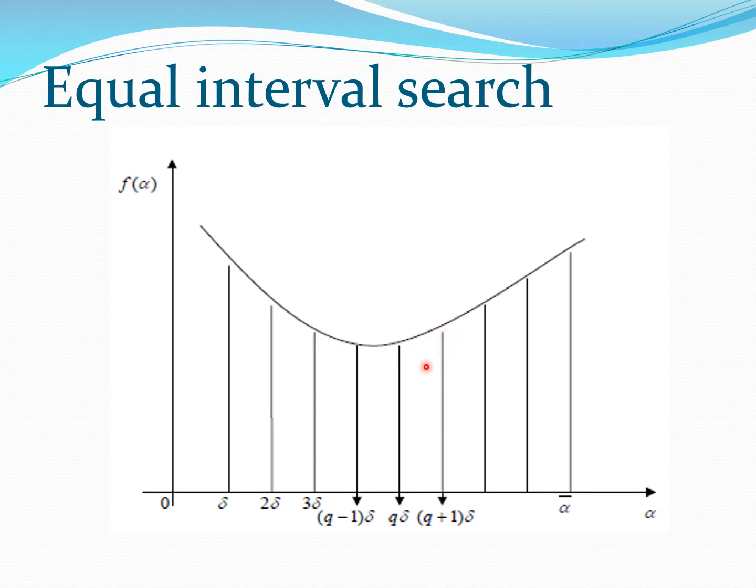We are looking at these 3 points where the function is going down and then starts going up. Once we have captured this location, we can say we have bracketed the minimum point to the region between q minus 1 delta and q plus 1 delta.